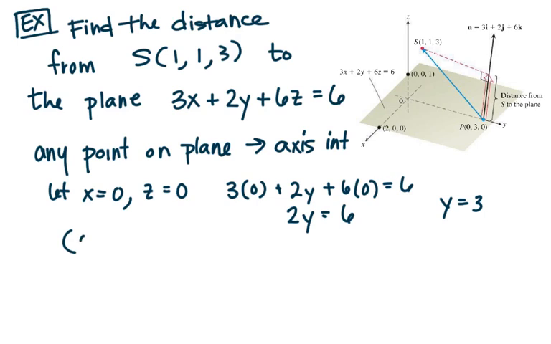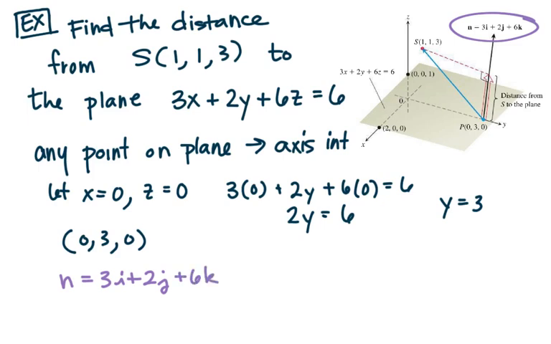So that's where that point comes from if it's not given to you. So we have this point on the plane which represents a y-intercept. And we know what our normal vector n is. We know that n is 3i plus 2j plus 6k.